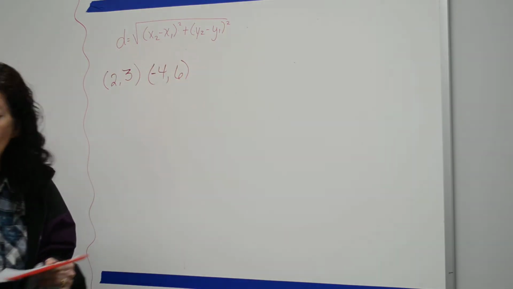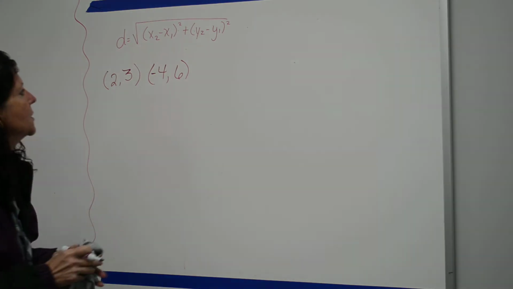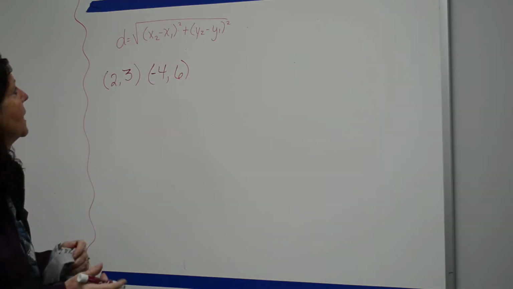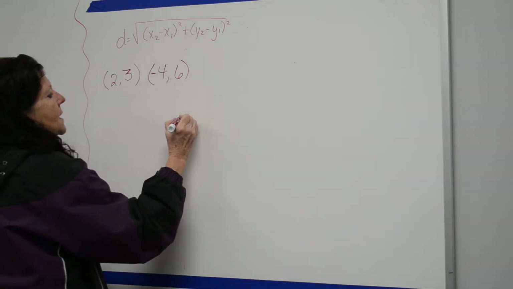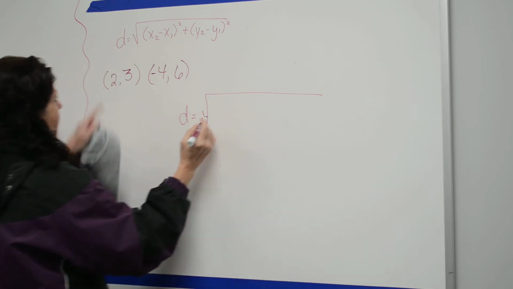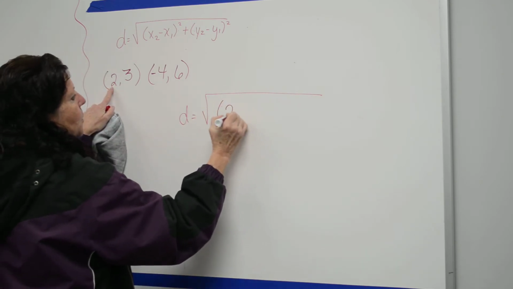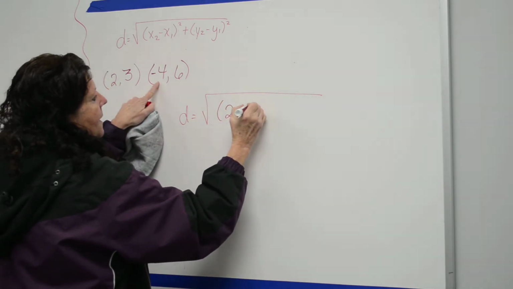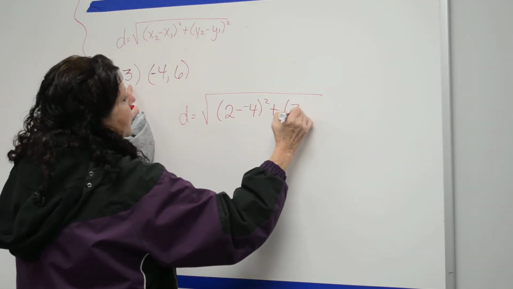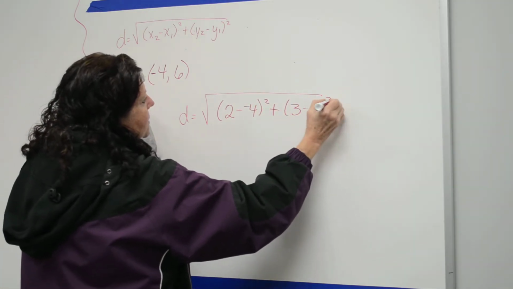Now you can put them on a coordinate plane, but let's say you don't want to do that, and you just want to know what the distance between those 2 points is. Well, all I'm doing is plugging in. D is equal to the square root of (2 minus a negative 4) squared plus (3 minus 6) squared.